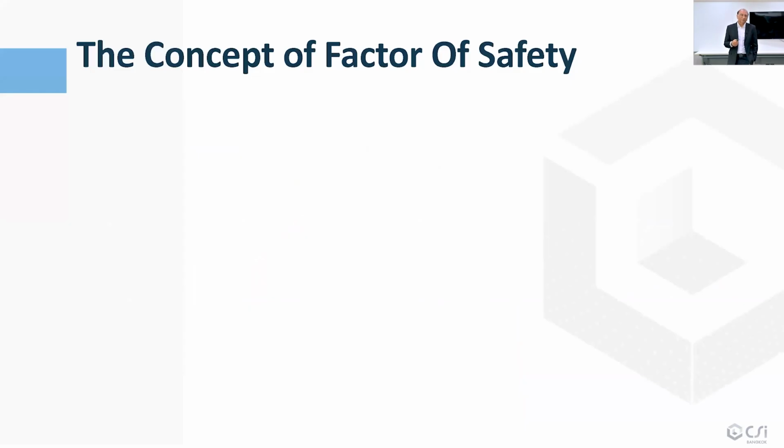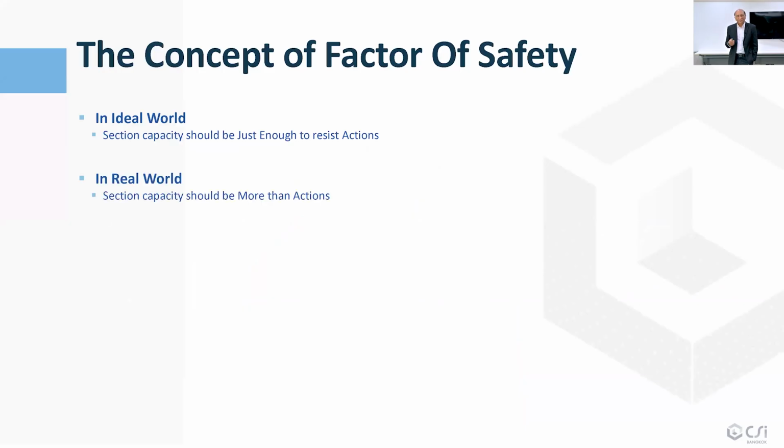The concept of factor of safety was introduced a long time ago for many reasons. In the real world, the cross-section capacity should be just enough to resist actions, but practically section capacity should be more than actions for multiple reasons, which I don't want to discuss now. But let's say we have to have a certain factor of safety. The question is, how much?